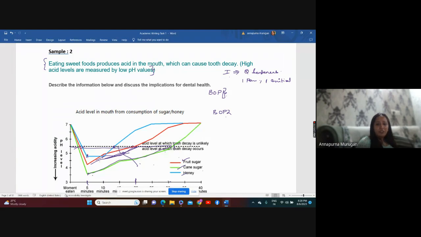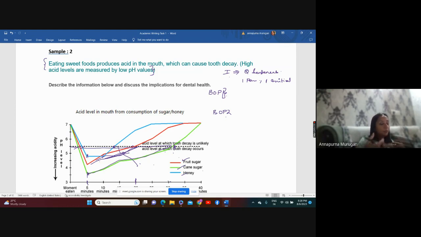The consumption of the cane sugar witnesses a drop of its pH level below the threshold frequency for almost 25 minutes or nearly half an hour.